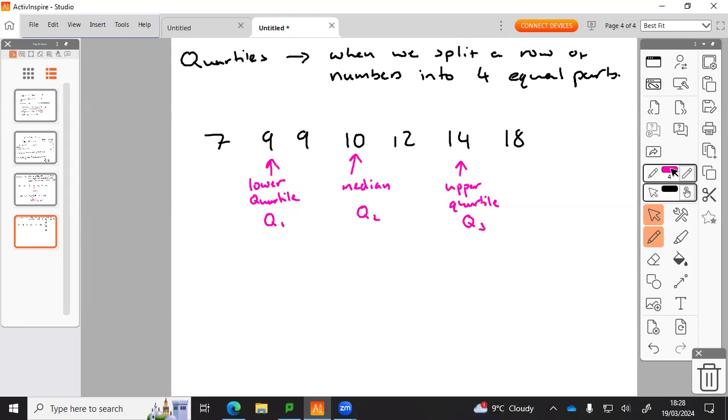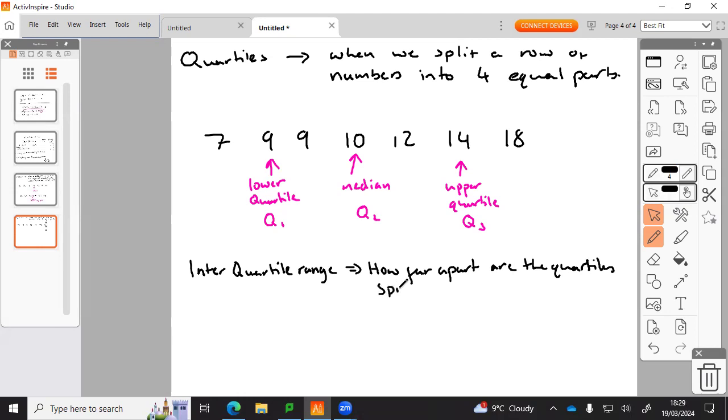This is to allow me to look at something called the interquartile range, which is essentially how far apart the quartiles are spread.